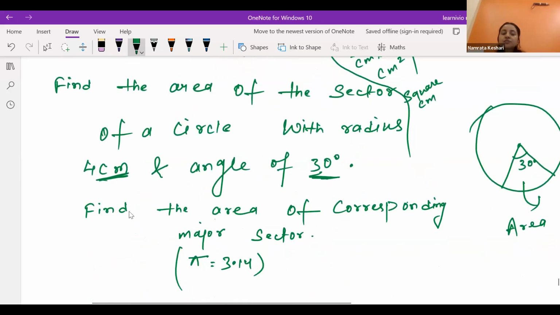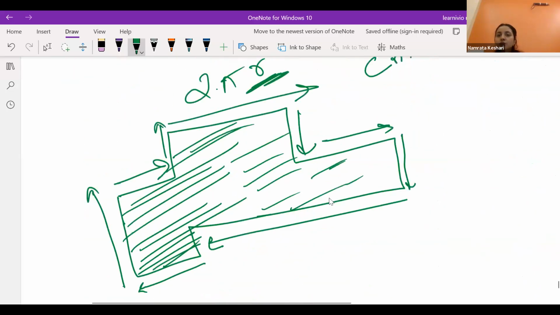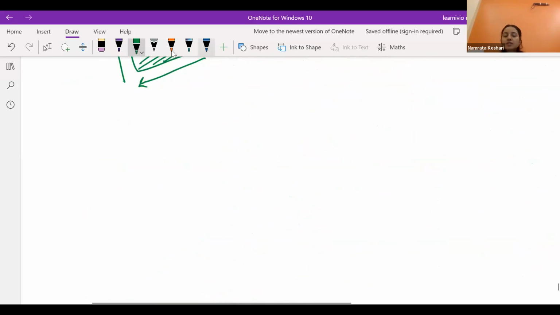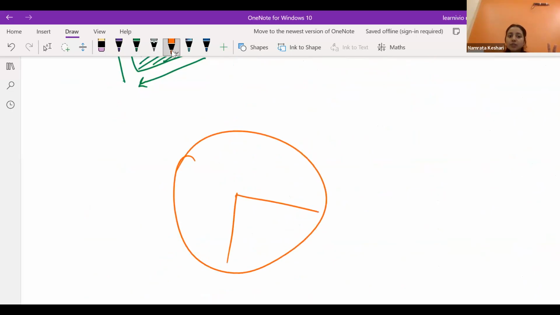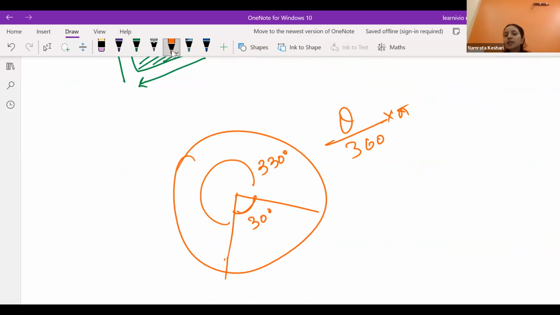One more part was there which says find the area of the corresponding major sector also. To find the area of the major sector, we have two ways. Either we find the angle and use the same formula: this is 30 degree, so the remaining will be 360 minus 30, 330. We can use that angle with the same formula to find the area of the major sector.